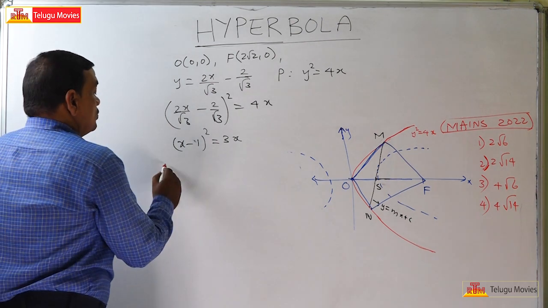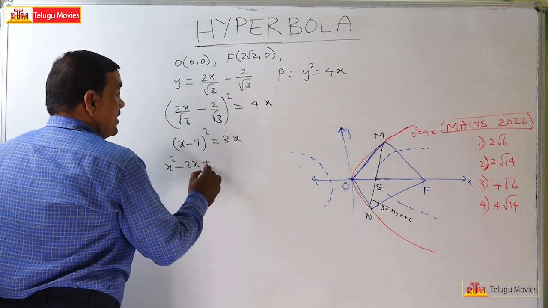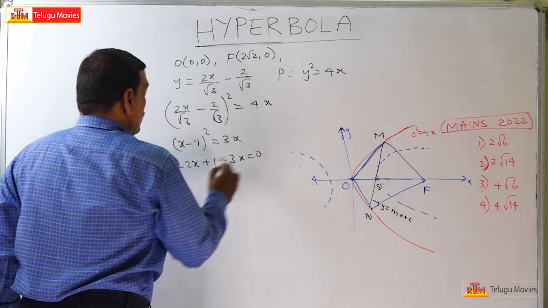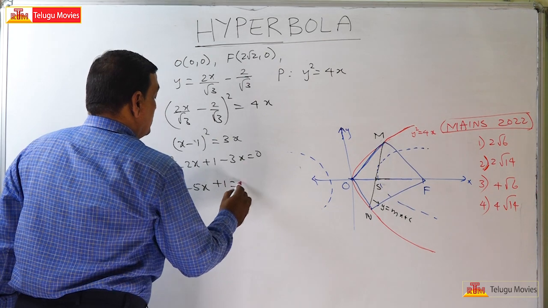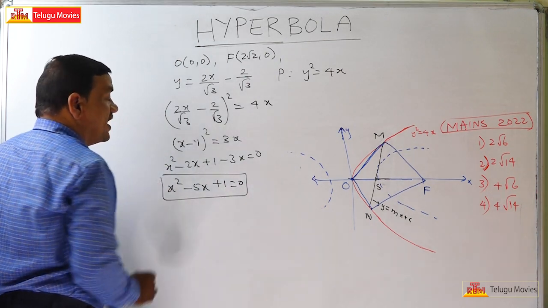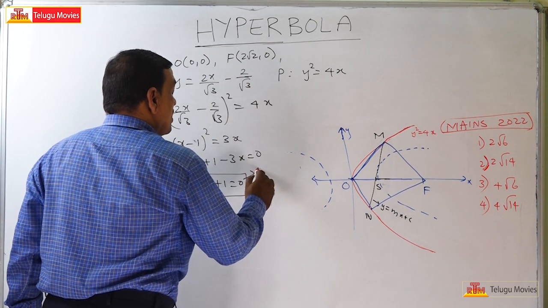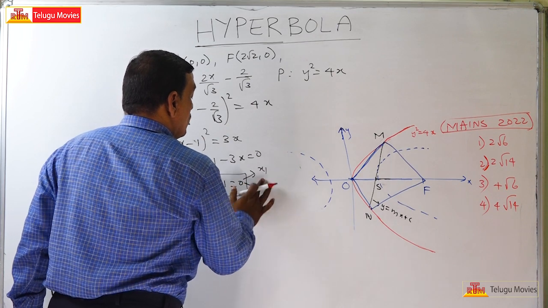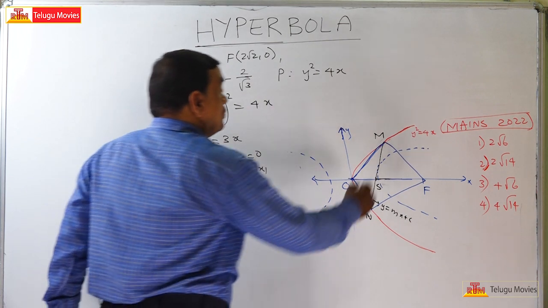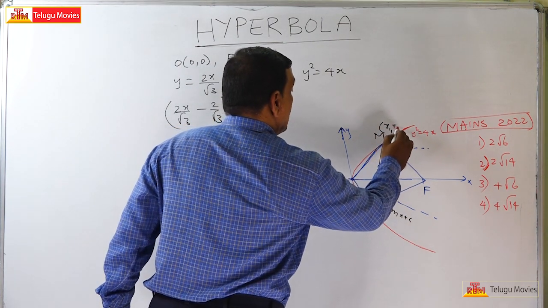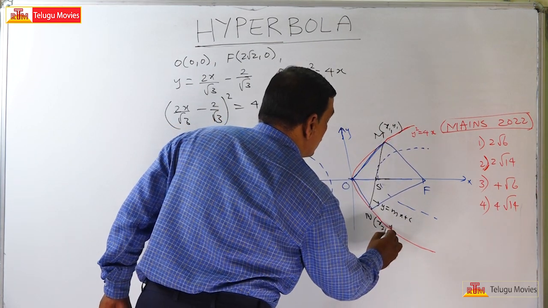Now this is equal to x square minus 2x plus 1 minus 3x is equal to 0. X square minus 5x plus 1 is equal to 0. So this is a quadratic equation whose roots are x1 and x2. Let these coordinates be x1, y1 and this be x2, y2.